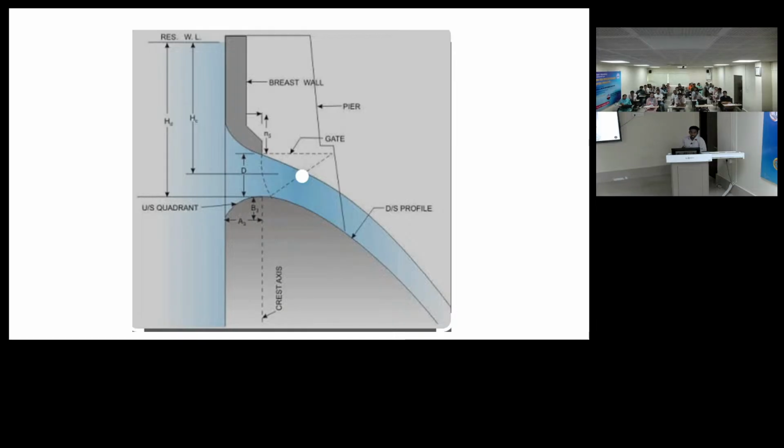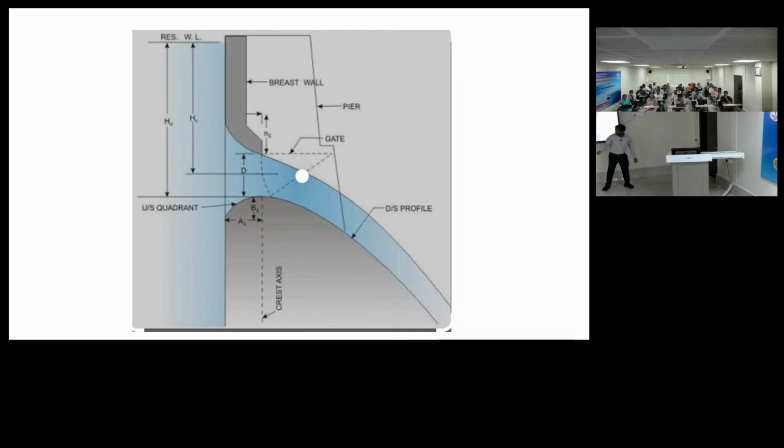Then what is the main advantage if you take these gates down to lower levels? Any wrong answers also? Because discharge is directly dependent on head, this H, right?